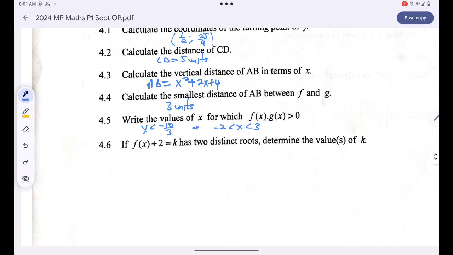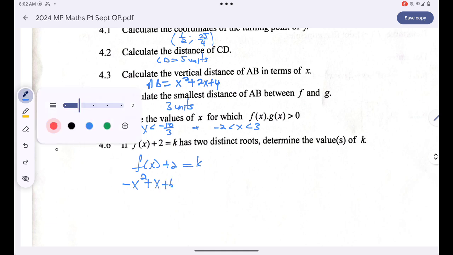Okay, now guys, I'm looking for the values of k for which my graph has two distinct roots. That means the roots are there, guys. I can simply use nature of roots to answer this question. f of x plus 2 is equal to k. I know that f of x is equal to negative x squared plus x plus 6, but remember that I also have a plus 2 and a k on the other side.